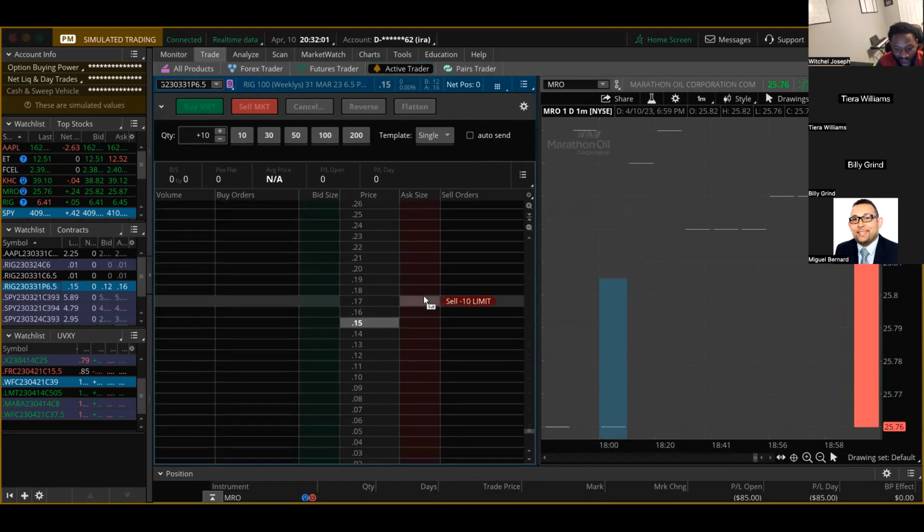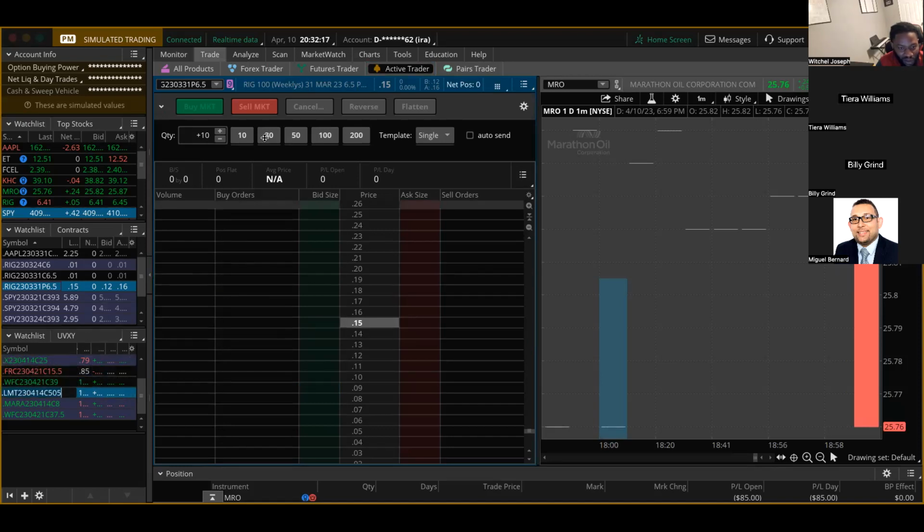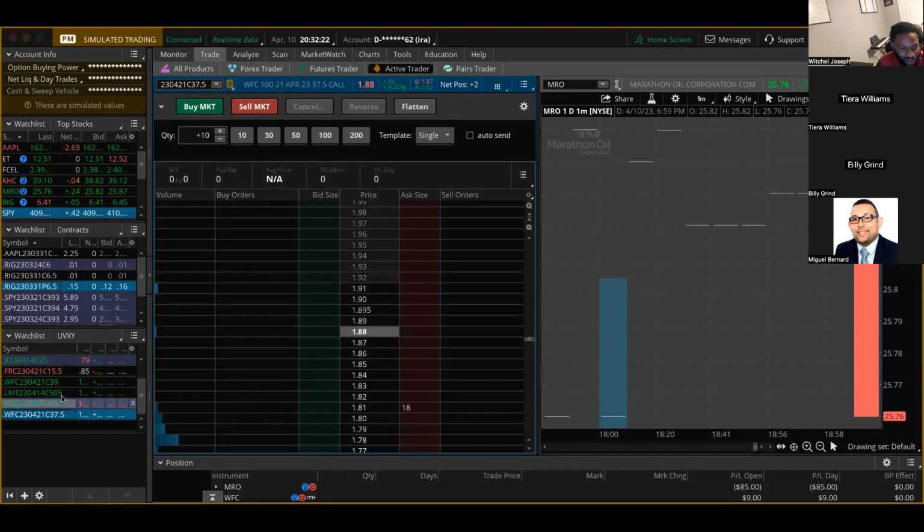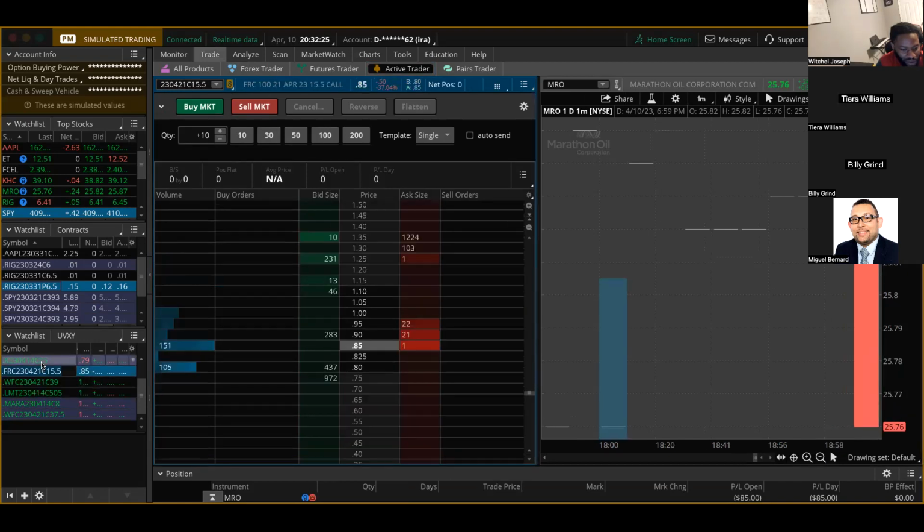And literally I can sell or buy just by clicking the button. But I can't do it right now because the market is closed and I don't think this one is tradable. But that's how you can execute trades really quickly. And if I have a watch list, I can link it and flip through all these different options on the left that I'm looking at.